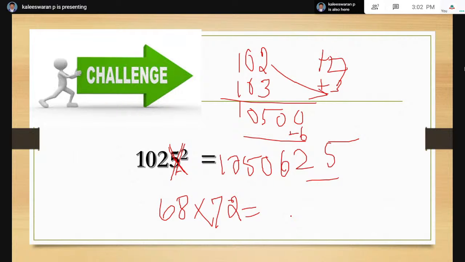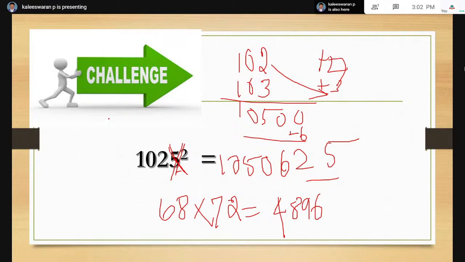The final answer is 70 square minus 2 square. 70 square equal to 4,900, since 7 square equal to 49. Minus 2 square equal to 4. So the final answer is 4,896.